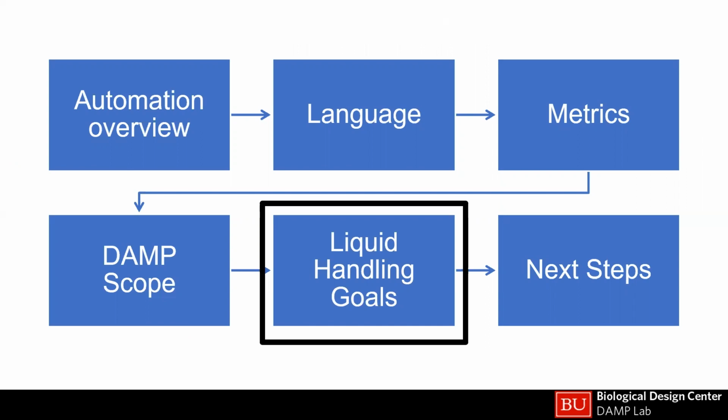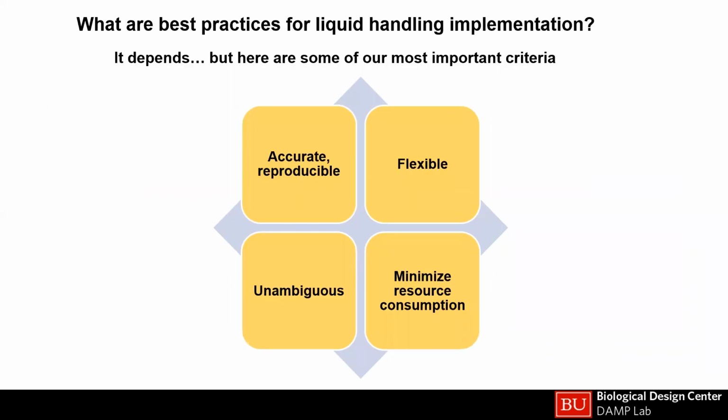I think I already acknowledged that there are many automation experts in the room, so I would appreciate more thoughts on this. But the next few things are things that I think about when implementing liquid handling automation, or best practices.